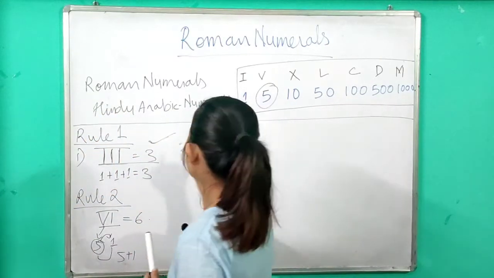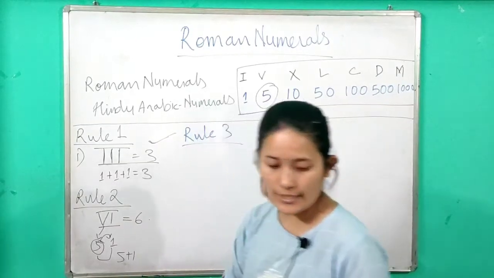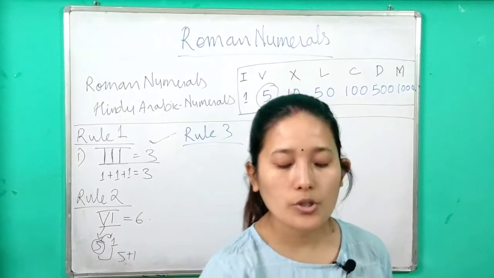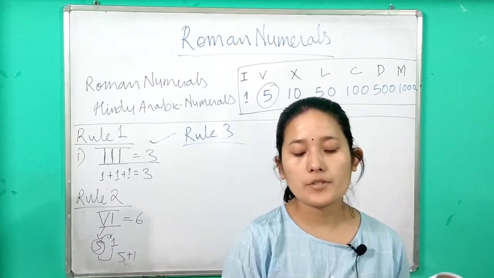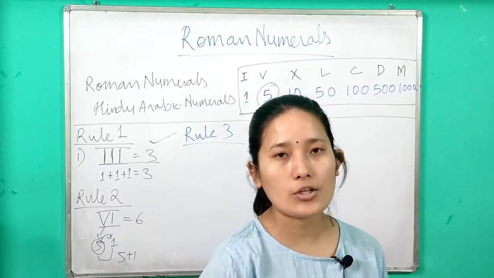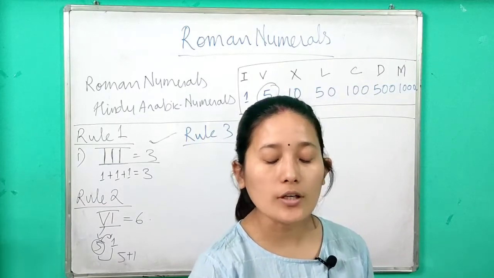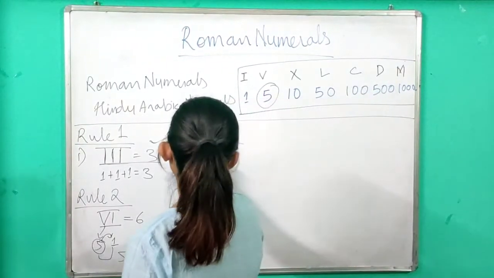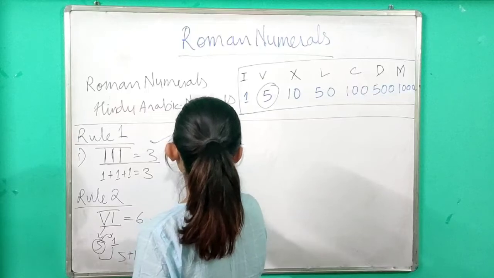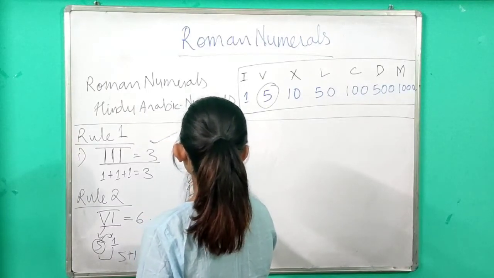Now next is rule number 3. What does rule number 3 tell you? If you read rule number 3, when any smaller value symbol comes before a greater value symbol, then subtract the smaller from the greater. Here I means 1, V means 5.